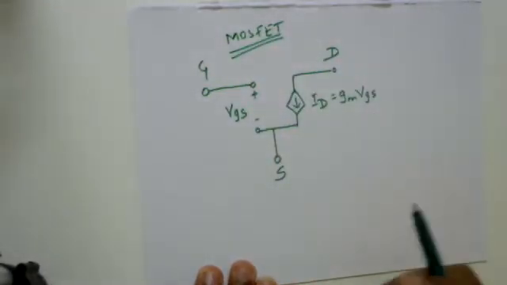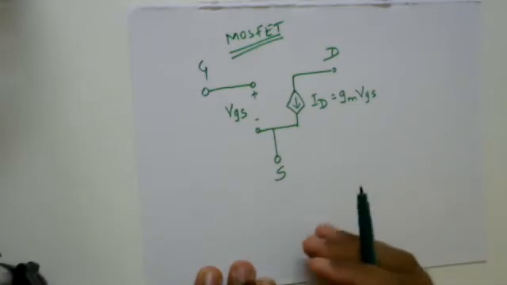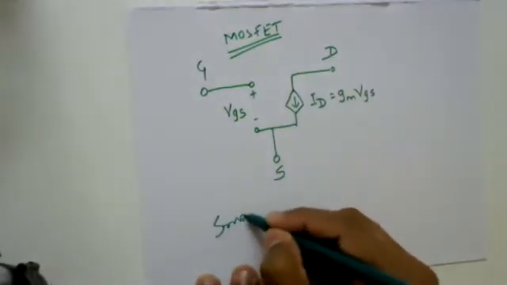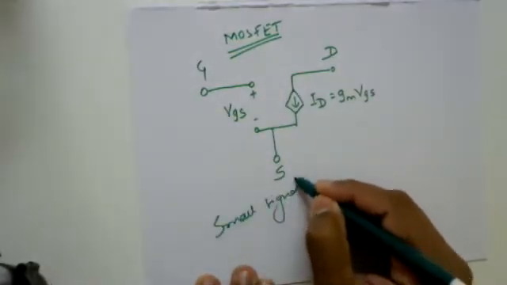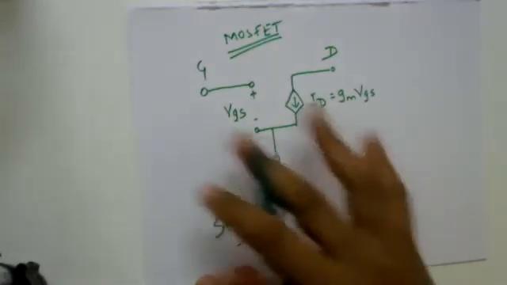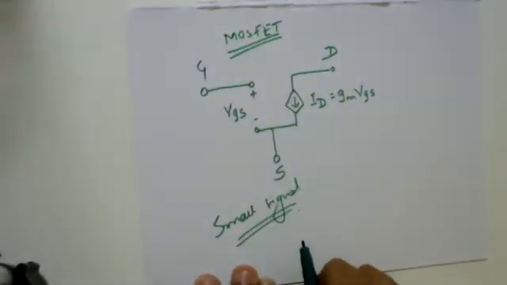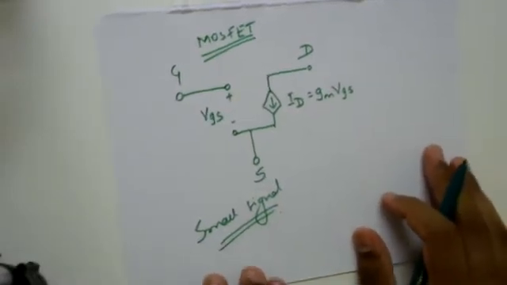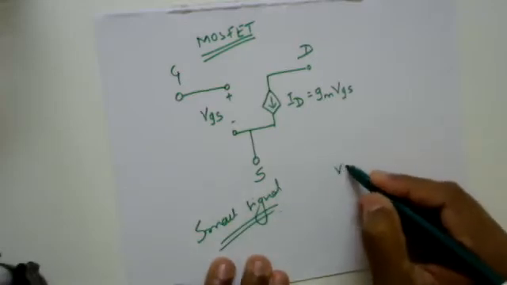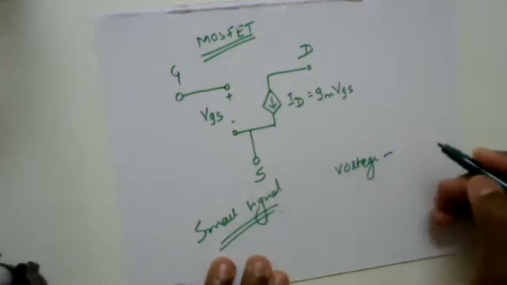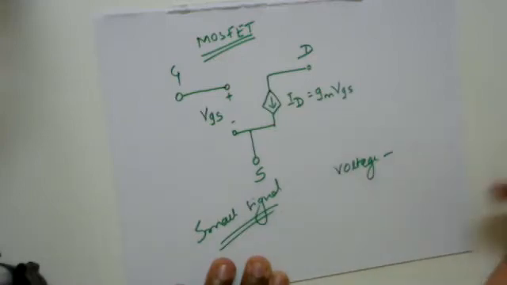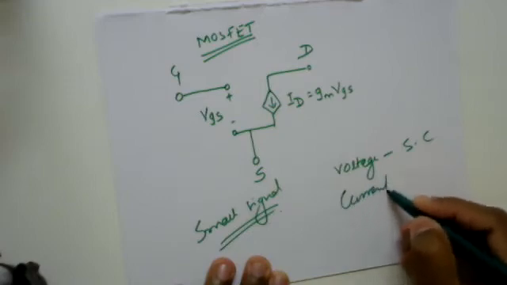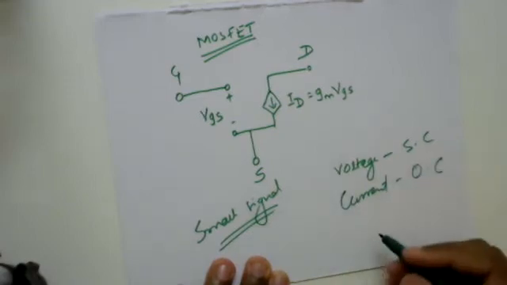But I just don't want a MOSFET equivalent circuit model. I want to see how the MOSFET is seen whenever a small signal is employed, and how the circuit is going to behave. In small signal analysis, we know that an ideal constant DC voltage source is replaced by a short circuit, and any current source is open circuited.